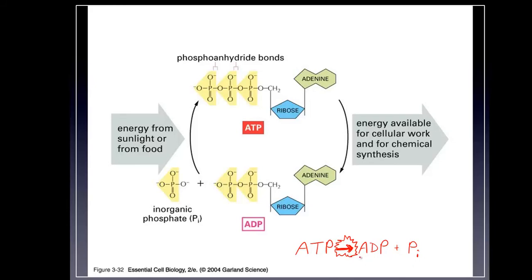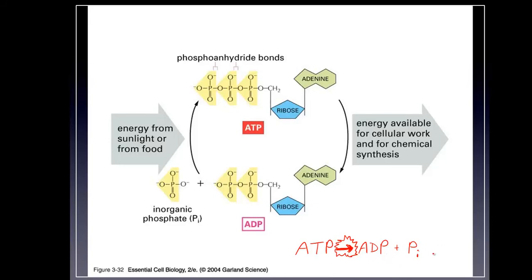Well, that's a little bit misleading because that's not actually what happens. Energy is not released like that when molecules break apart. Energy is released when smaller molecules bond together to make larger molecules. Right? Energy is released during synthesis reactions.